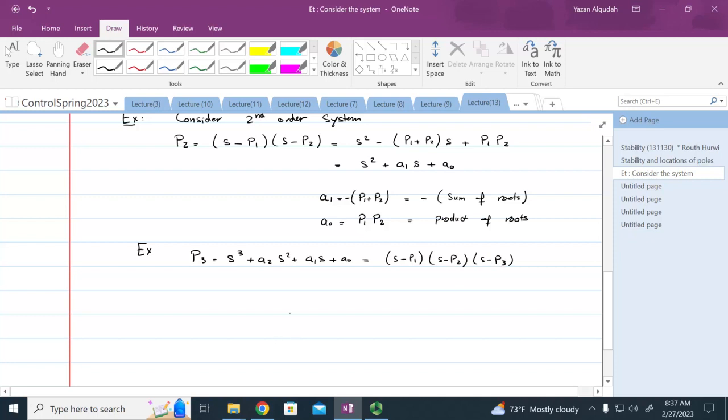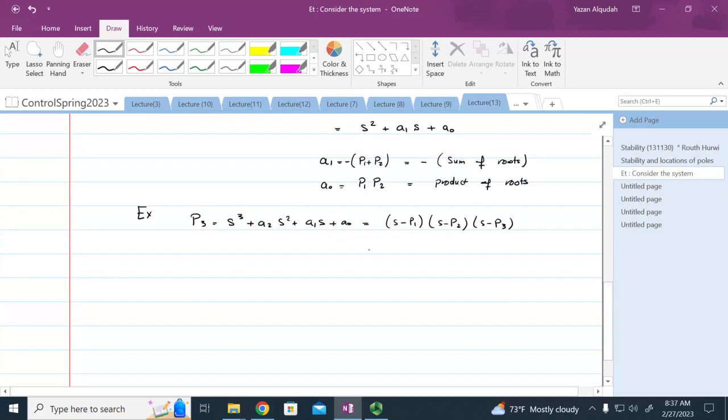Now if you multiply these three terms, we're going to be getting s cubed minus (P1 plus P2 plus P3) multiplied by s squared plus (P1 P2 plus P2 P3 plus P1 P3) multiplied by s minus P1 P2 P3.